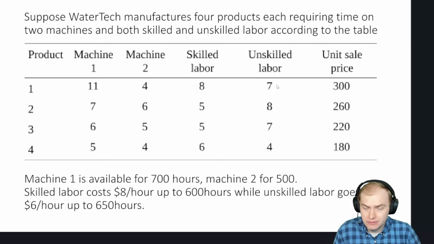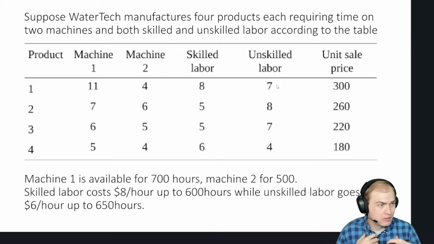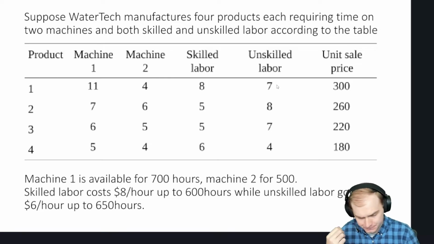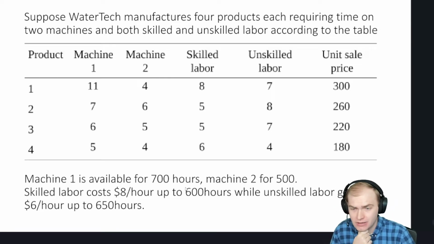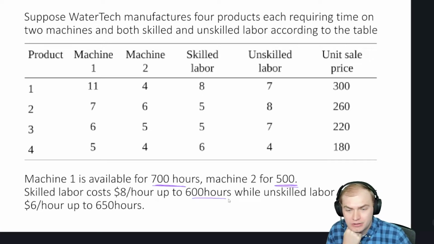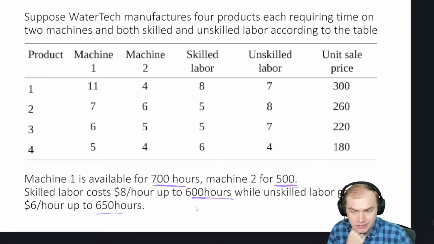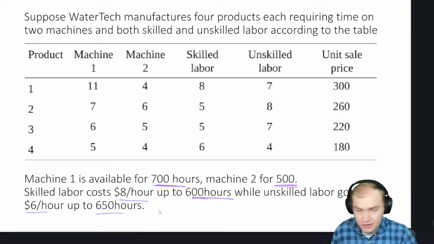We want to schedule production, or pick how many things we want to produce of each product, to maximize profit. And we can only have 700 hours on machine 1, 500 on machine 2, 600 hours of skilled labor, 650 of unskilled, etc. So this problem is in the book.